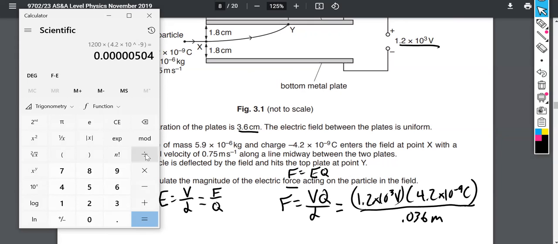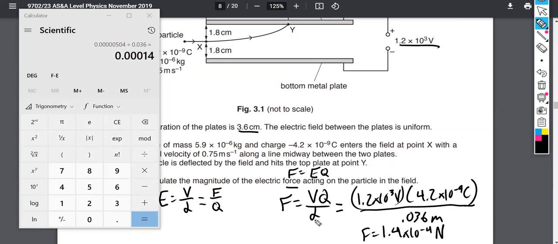There's my numerator divided by 0.036. Note that I lose the richness of knowing what is the field strength by just multiplying it this way. By doing the numerator divided by the denominator, I know that the final force is 1.4 by 10 to the negative 4 newtons, right? Because I'm solving for force.